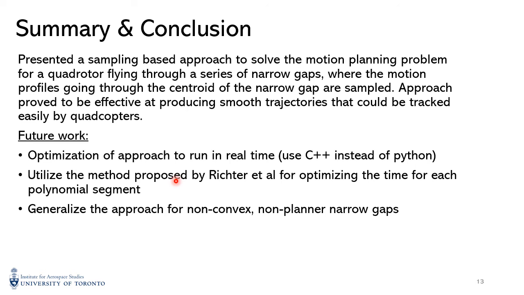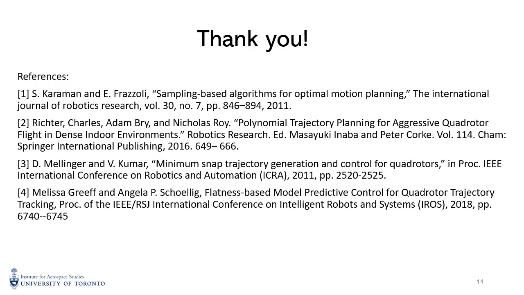Right now, the time for each of the time segments is assigned arbitrarily, and this time can actually be optimized, which can improve the performance of the algorithm. And finally, I'd consider generalizing the approach for non-convex and non-planar narrow gaps in order to make this approach more applicable for real-life scenarios.